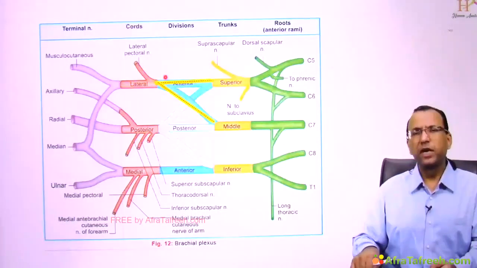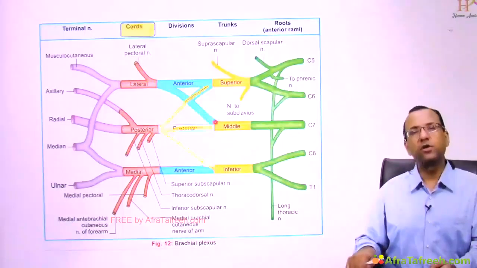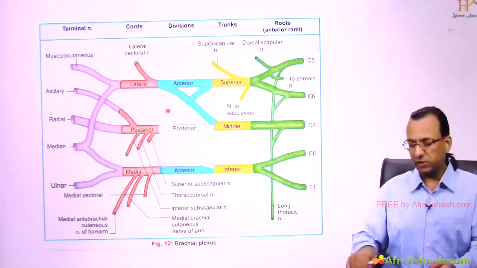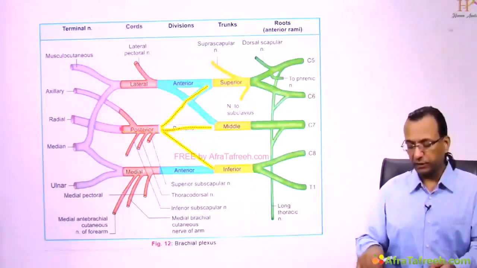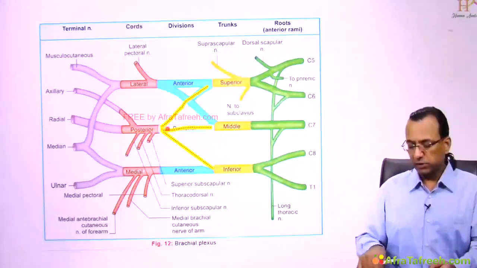The posterior divisions of the upper trunk, middle trunk and also the lower trunk join to form the posterior cord, which gives the posterior nerve of the arm, the radial nerve.